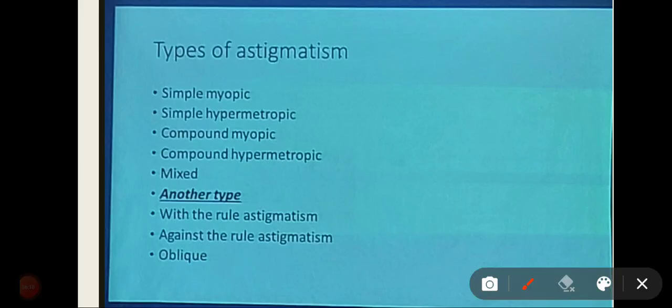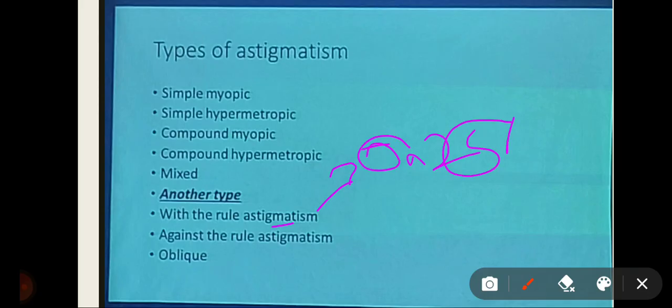This is called with the rule astigmatism. With the rule astigmatism exists normally, because the vertical meridian is normally rendered 0.25 diopter more convex than the horizontal meridian, probably by the pressure of the eyelids.